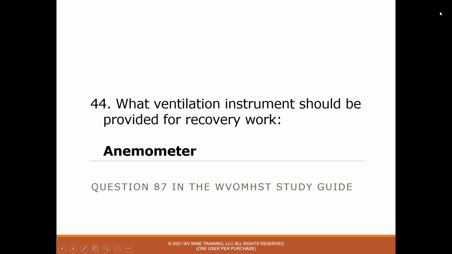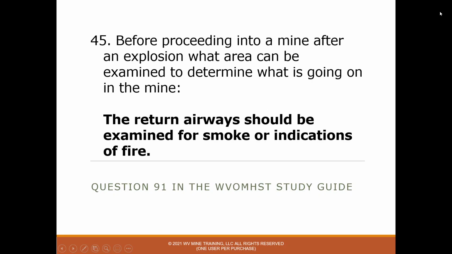Question 44, what ventilation instrument should be provided for recovery work? And it's an anemometer. Question 45, before proceeding to a mine after an explosion, what area can be examined to determine what is going on in the mine? And the answer is the return airway should be examined for smoke and other indication of fire.